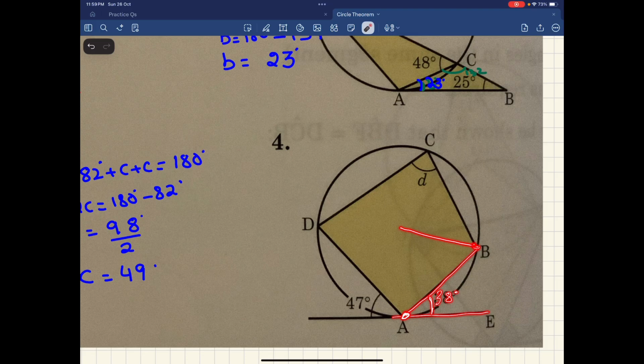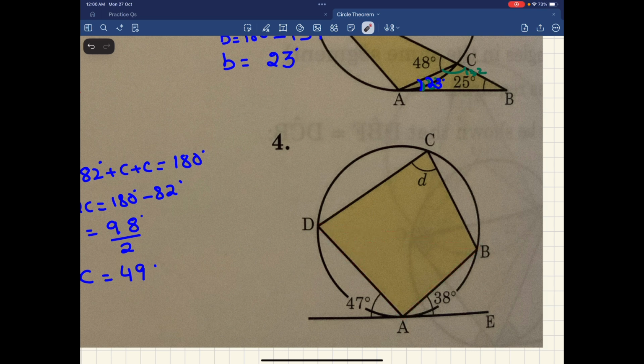We do not have such an angle, but we know which angle that would be. So AB here and here. So this will be 38 degrees. I don't know if this will be of any use to us or not, but let's see.